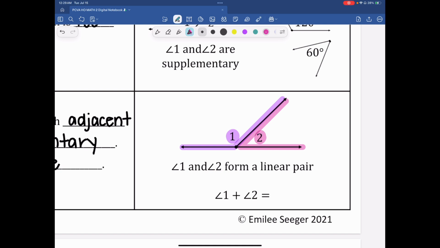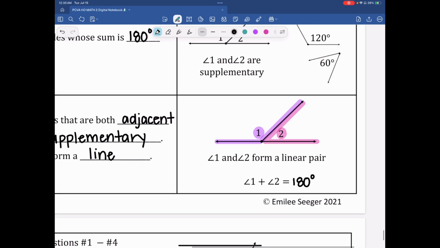Those two together form that straight line down here at the bottom. So angle 1 plus angle 2 is equal to 180 degrees. A linear pair simply means that they are adjacent and supplementary. All right, so we're going to look at some examples here.